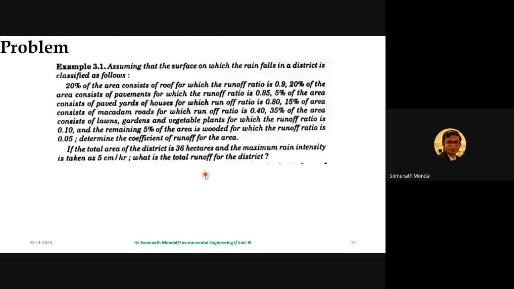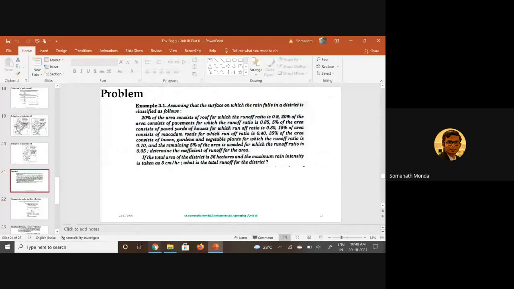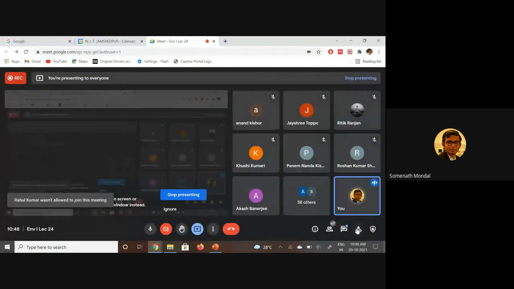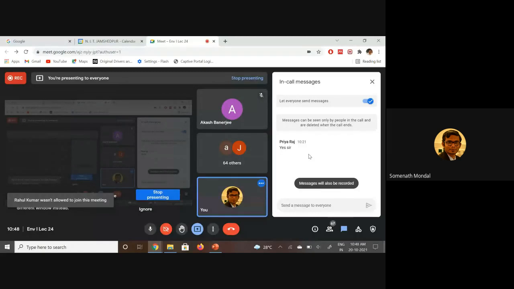We have one problem over here. You can do this problem. It will be easier for you to understand what we discussed some time back and how to calculate the runoff. So can you please do this problem and let me know the answers? Let me go back to the screen. I want answers from all of you. The problem has been given.